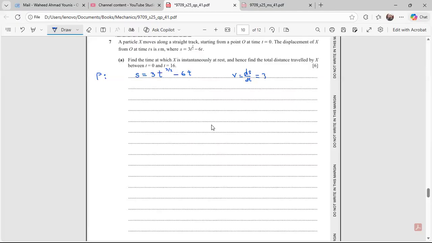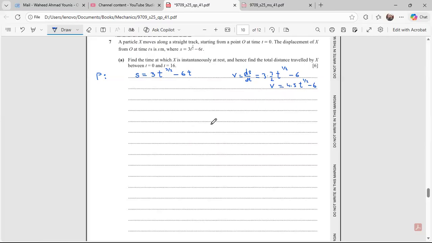It is going to be 3 times 3/2 t to the power 3/2 minus 1, which is 1/2, and minus 6. So it is 9/2, which is 4.5 t to the power half, minus 6.